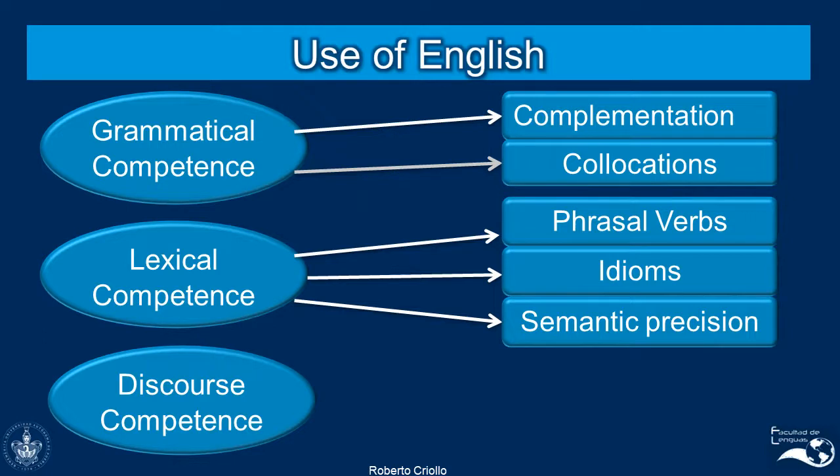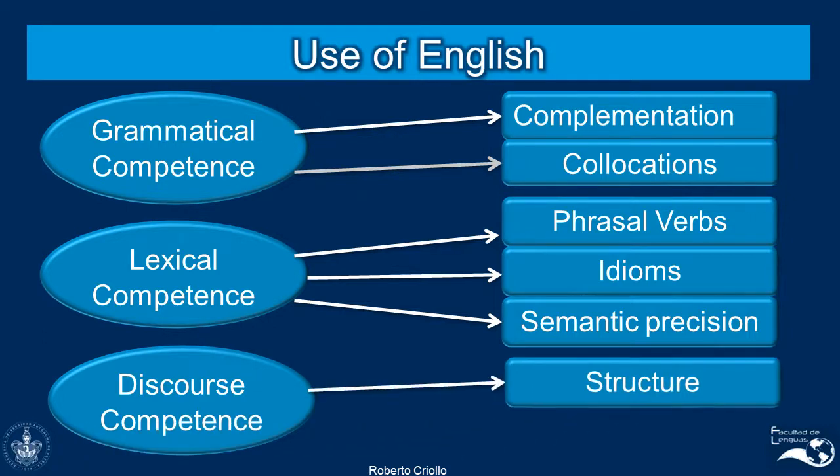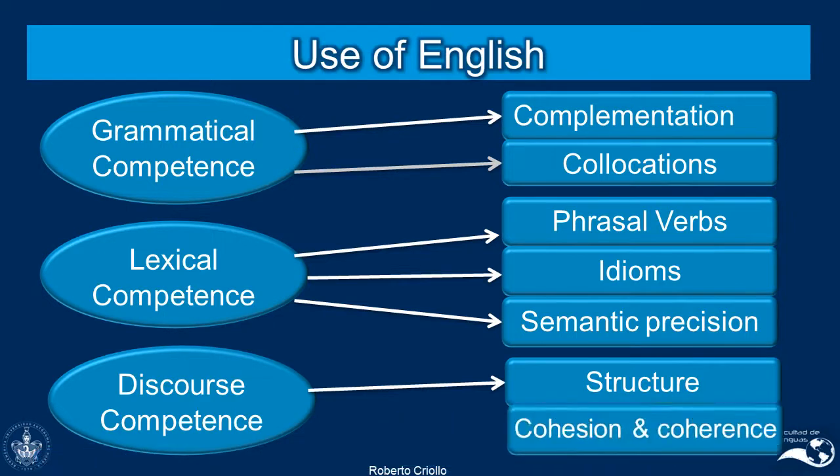A final element in Use of English is discourse competence, because in order to be able to complete the task, you need to be able to know the structure of a text. That means that if there is a missing word, you need to know what word it is. Is it a connector? Is it a noun? Is it a verb? You need to be able to identify the part of the text that is missing.